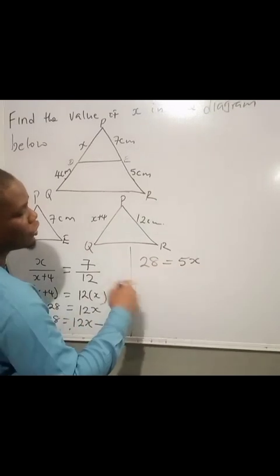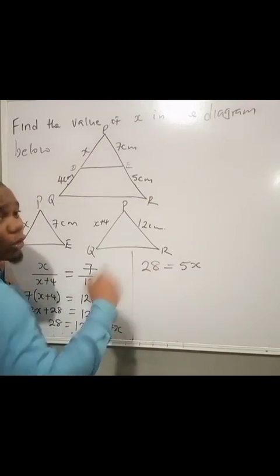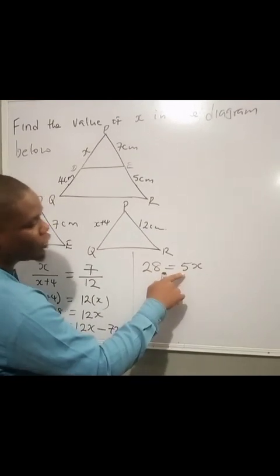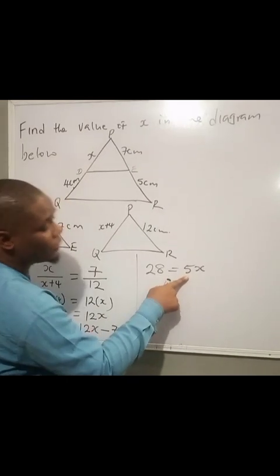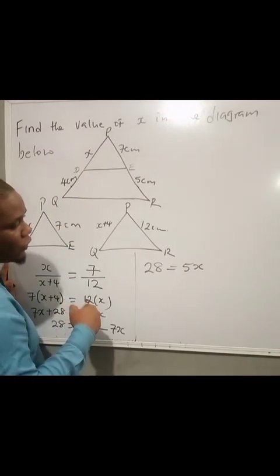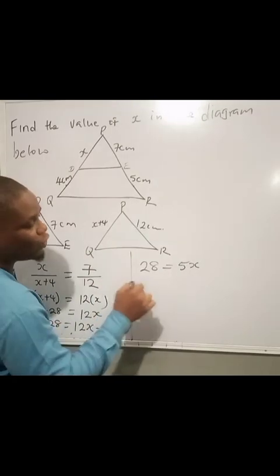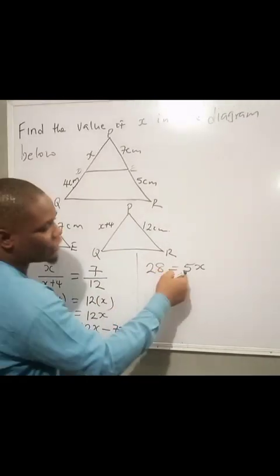Okay. Now, look at it now. At this point, I'll just divide both sides by the coefficient of x. The coefficient of x is what? 5. I explained earlier in one of my videos that the coefficient is a number that is attached to a letter.